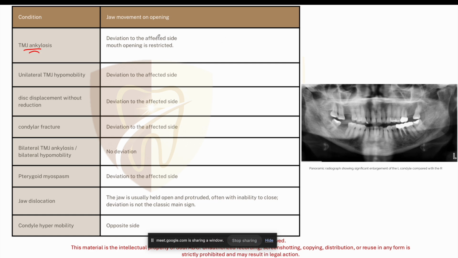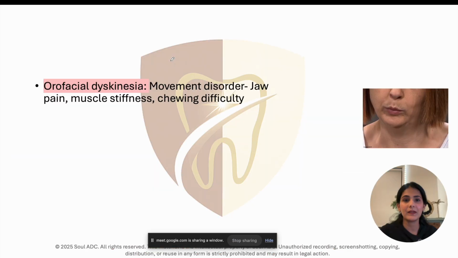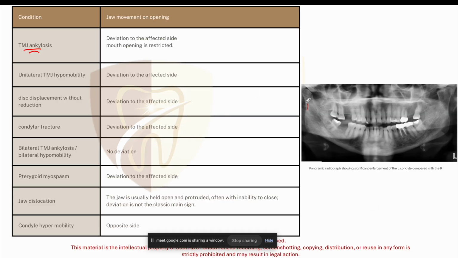Just imagine, the joint gets fused, and this has a limited area. So this area is limited. However, this gets fused.